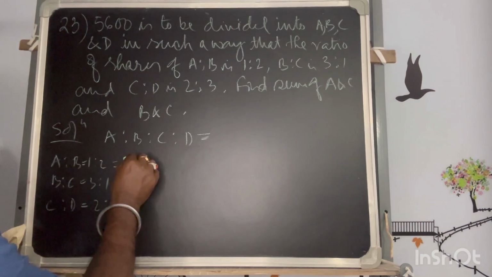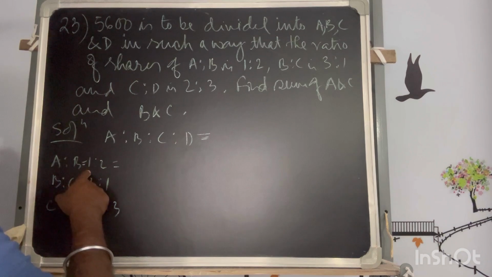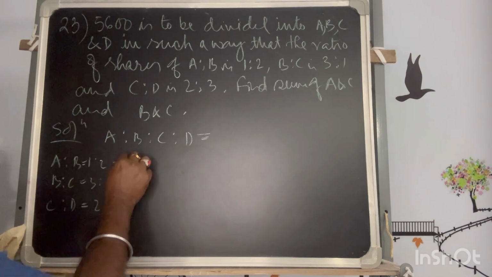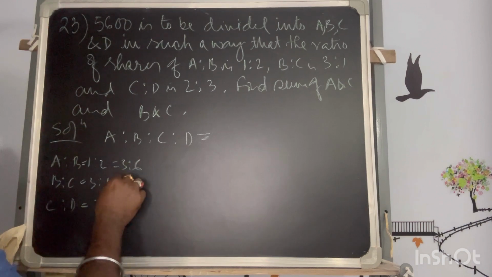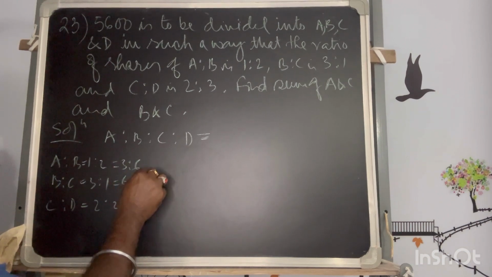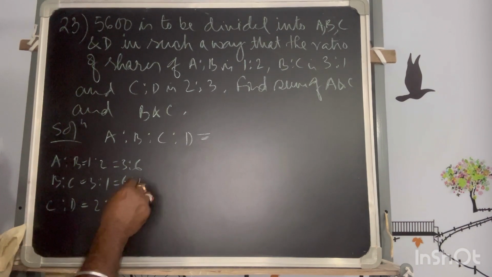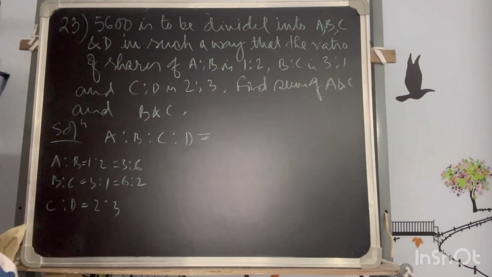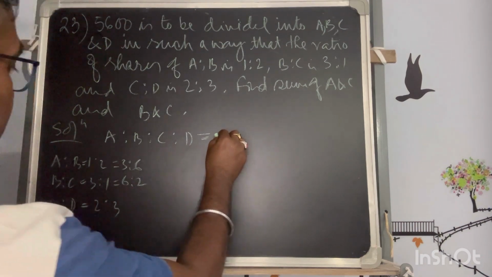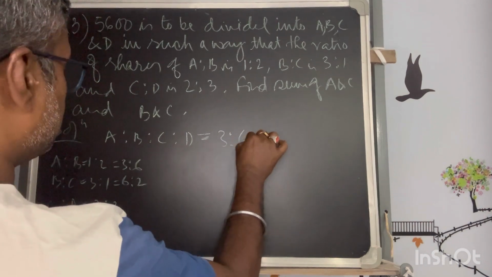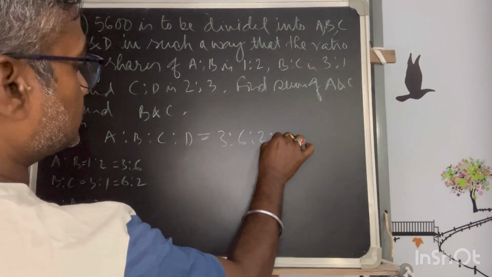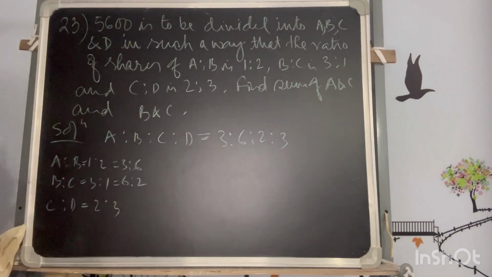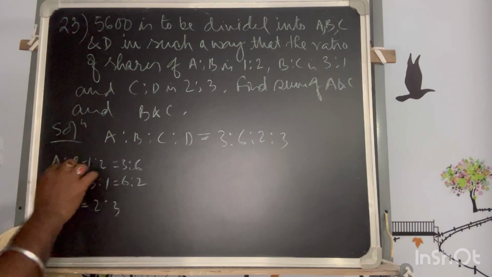Instead of writing it 1:2, as I know that this is LCM 6, I have to convert into 6. So this can be 6:2. So now further, if this part and the next part is matching, I need not do anything. I can write it like that: 3:6:2:3. It will be my final ratio between A, B, C, D.